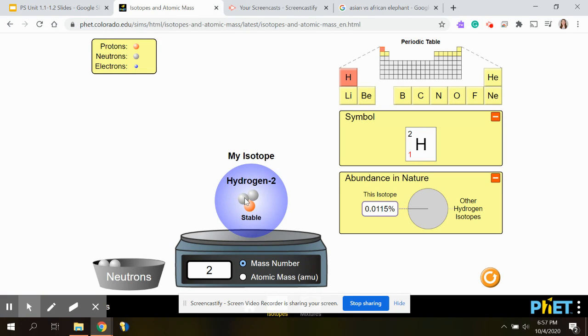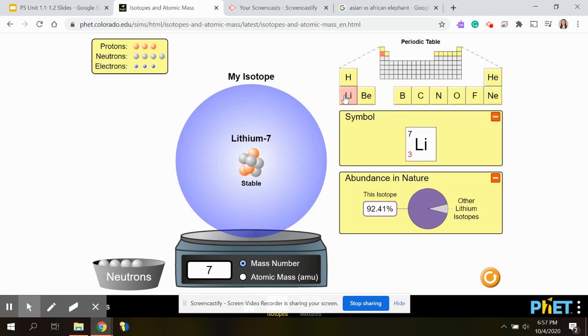That's why whenever we did the atomic math together, you might have seen that there's a few elements that have a different number of neutrons than protons, but not all of them. Like lithium here. Lithium-7 is the normal one, 92.4% of all lithiums look like this. Lithium has 3 protons and 4 neutrons, so an atomic mass of 7.